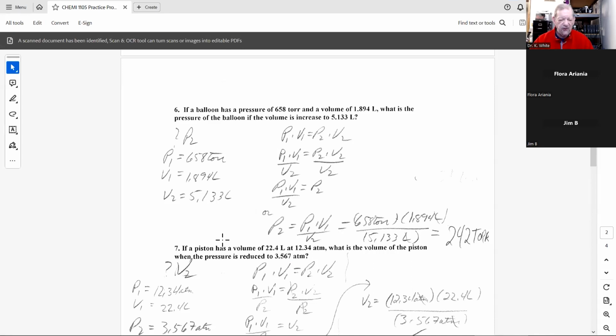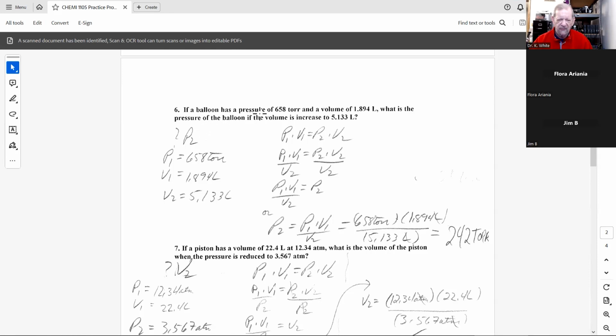And if you look on your screen, I have one of the practice problems. Let's do number 6. If a balloon has a pressure of 658 torr and a volume of 1.894 liters, what is the pressure of the balloon if the volume is increased to 5.133 liters? Well, what do we do? First of all, what are you being asked to find?